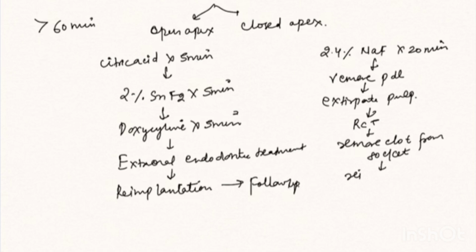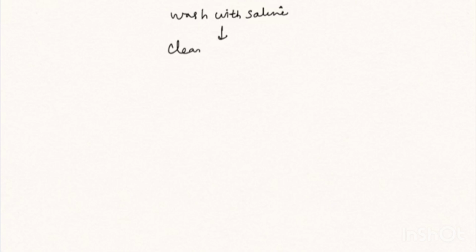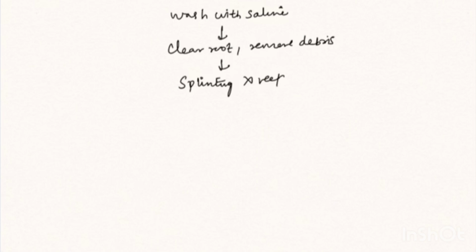Removal of the clot from the socket is very important because the clot may interfere with the healing of the periodontal tissue. The general treatment of an avulsed tooth is, we will first rinse it with saline, we will clean the root surface, remove the necrotic PDL from the root surface, we will examine the socket, whether the socket is intact or fractured, and then if there is any kind of gingival laceration, we will suture the gingiva, and then we'll reimplant the tooth and check the occlusion by taking the radiograph, and then tetanus prophylaxis should be done.